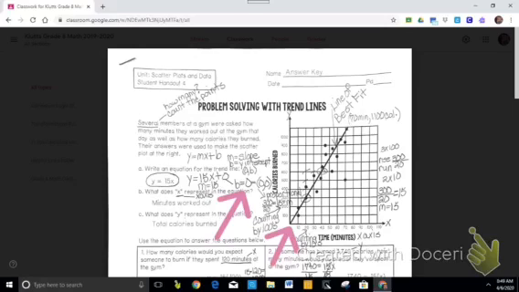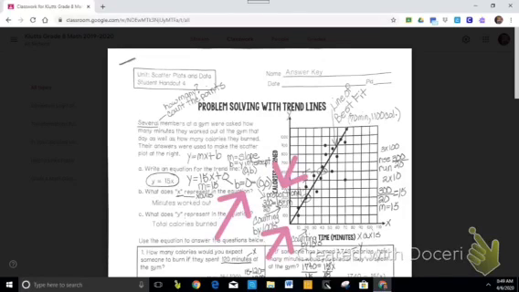We can easily see that this line starts at 0, 0, or the origin, which shows us it's a proportional relationship. If it's a proportional relationship, a straight line that starts at the origin, then every point on that line would be my slope.